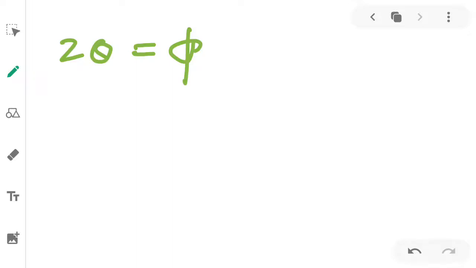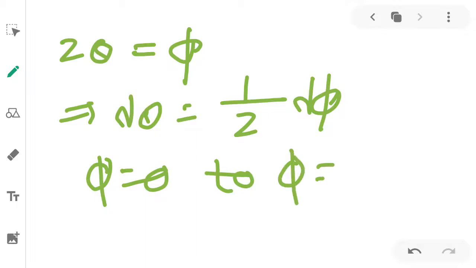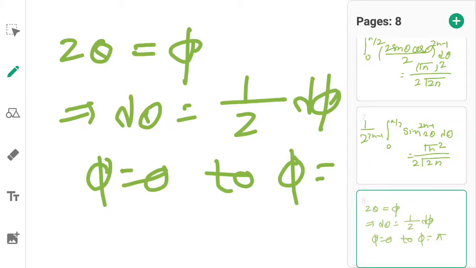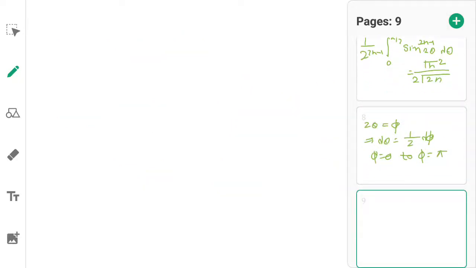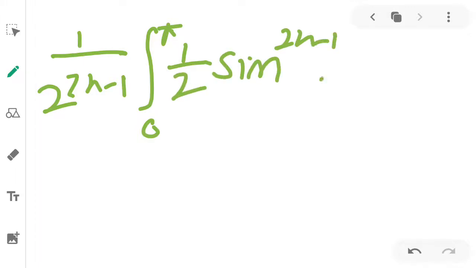From here we get d theta is equal to 1 upon 2 d phi, and the limits will be phi is equal to 0 to phi is equal to pi. The above equation becomes 1 upon 2 to the power 2n minus 1 integral 0 to pi of 1 upon 2 sine to the power 2n minus 1 phi d phi.